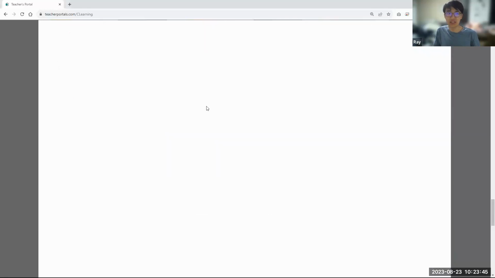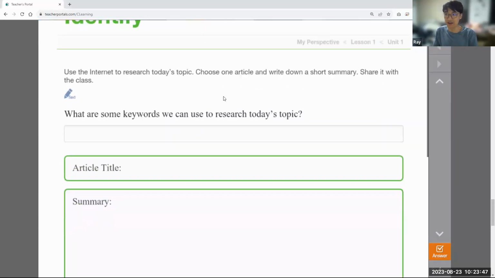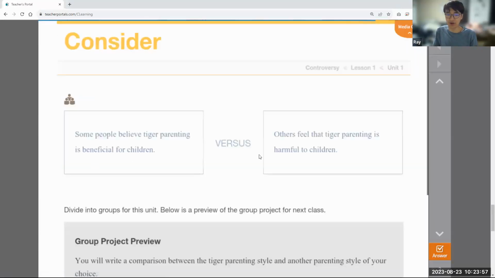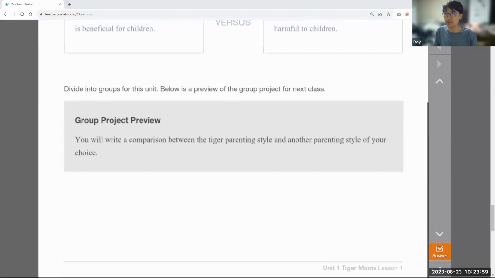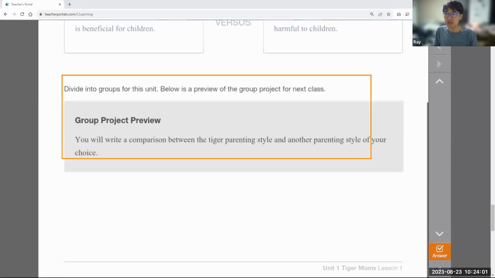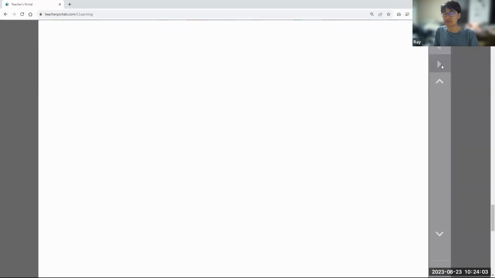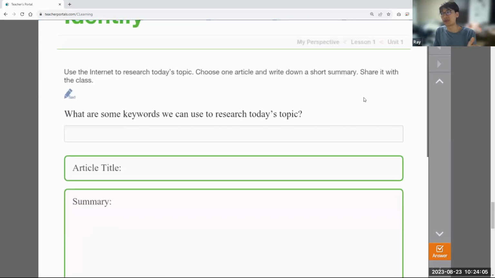All right, we'll go next to identify. Identify is essentially research. Just like the group project part on the bottom here, you have to ask your specific location, do you do this page?